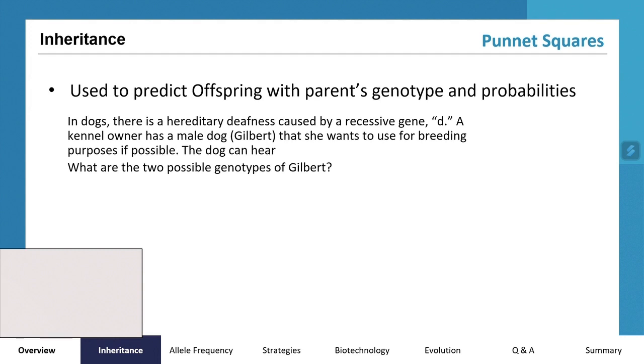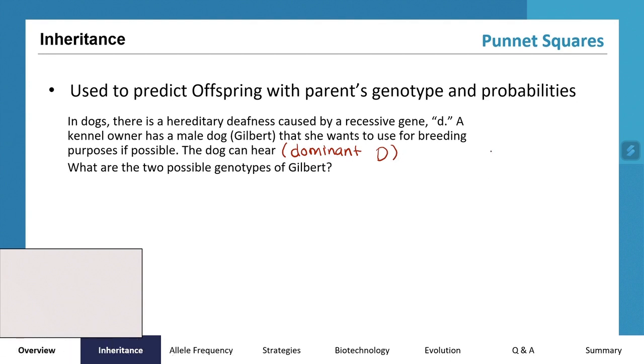This should be revision, but in dogs there is a hereditary deafness caused by the recessive gene little d. A kennel owner has a male dog that she wants to use for breeding purposes if possible. The dog is able to hear. So the dominant gene of capital D means that they have normal hearing.